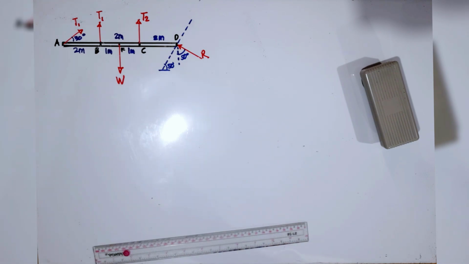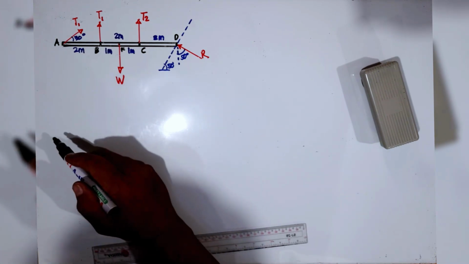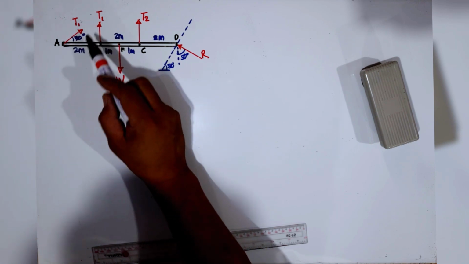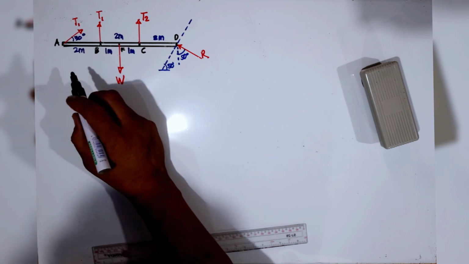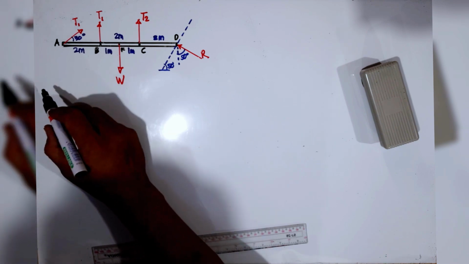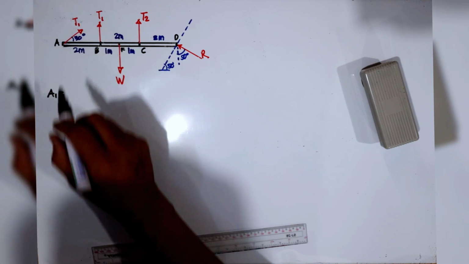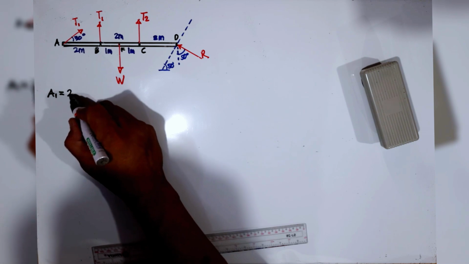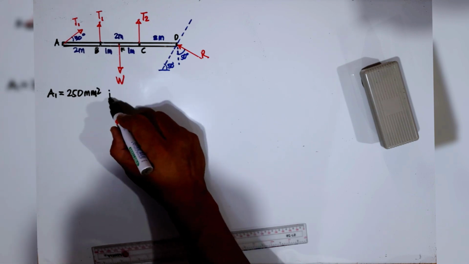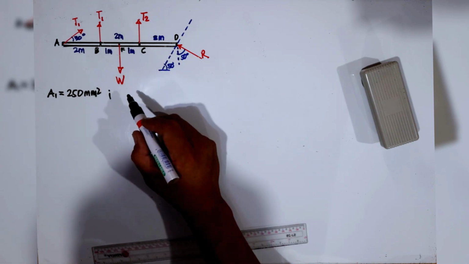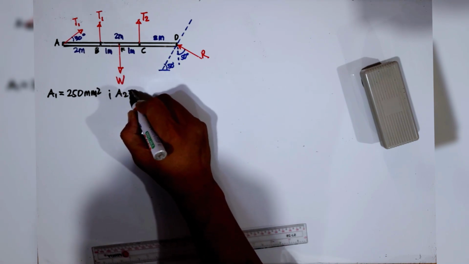So what else are given? We are given the cross-sectional area of the cable AEB. That is 250 square millimeters. So let's call that area 1 for T sub 1. So area 1 is 250 square millimeters. Then the area of the cable at point C, let's call that area 2.